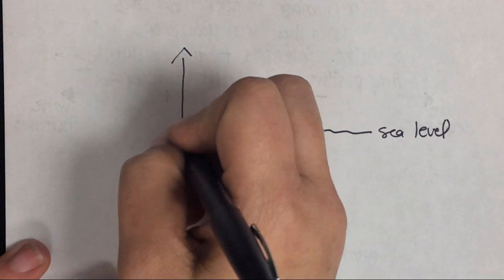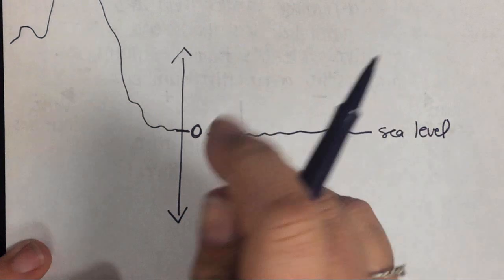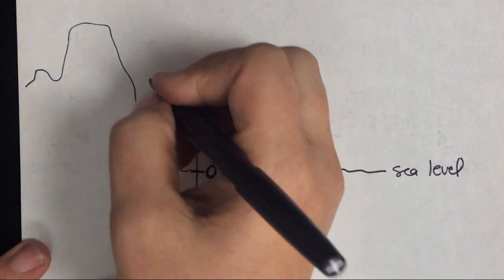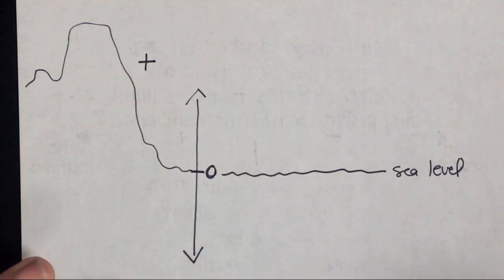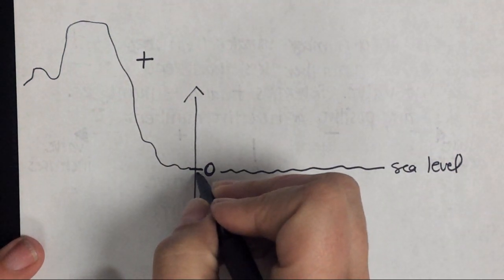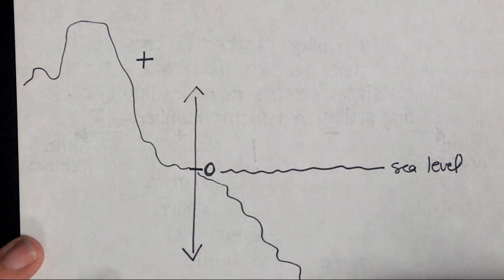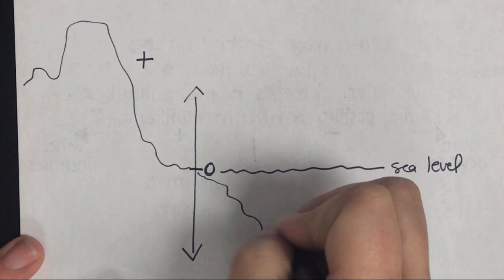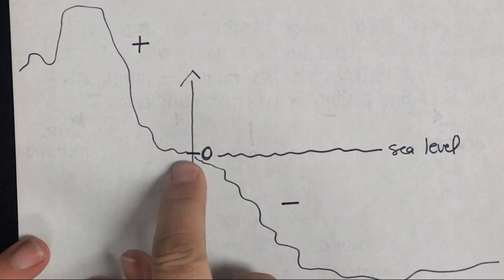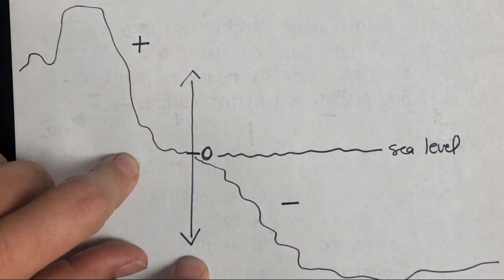If we go above sea level, and here's our mountain, okay? Our mountain is above sea level, right? So this would be a positive altitude. If we go to the beach and we walk to the sand and it starts tapering off and gets deeper and deeper and deeper, this is all negative, okay? So again, it's like a number line. 0 would be considered sea level. Anything above it is positive. Anything below it is negative.